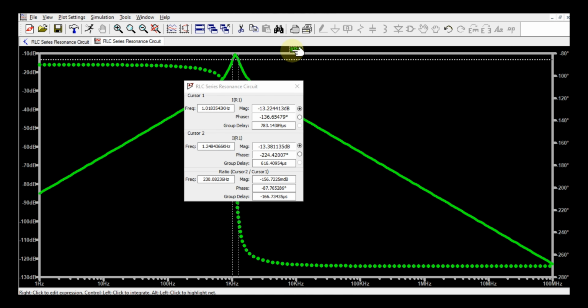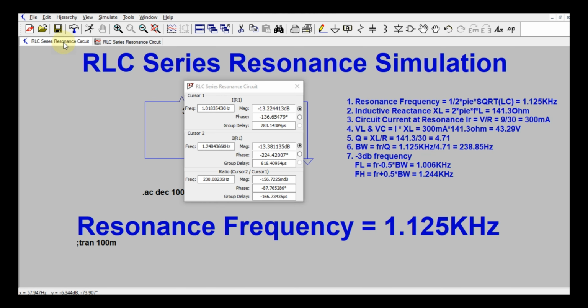Now let us try to find the bandwidth. So here you can see your calculated bandwidth was 238.85 hertz, and here you can see your simulated bandwidth is 230.08 hertz.